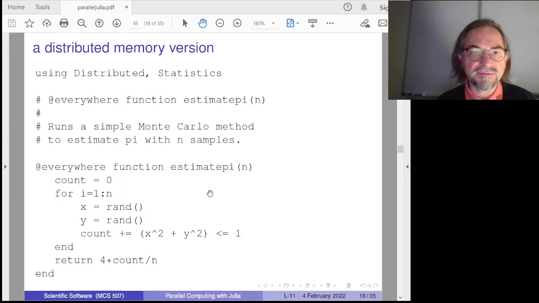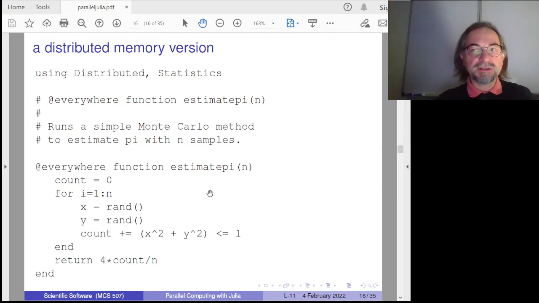It looks like a directive, so you have to decorate your function. It's sometimes called a decorator, but it's a macro as well. The point is that to use it, you don't really need to know what it really means. You make this function available for distributed execution.